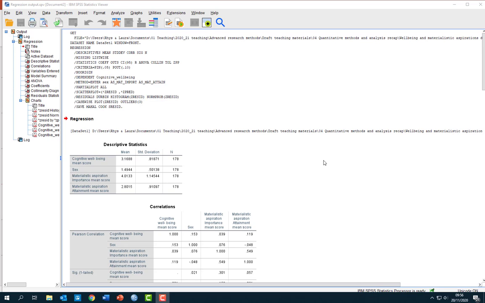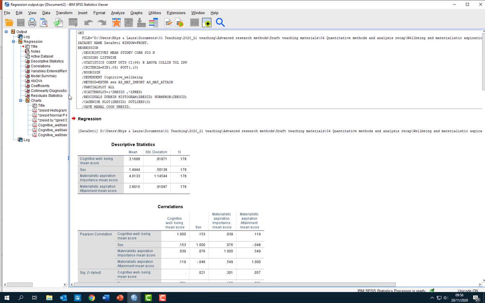So the first thing that we should do is really look at the mean scores of each of the variables. Now in this we've taken quite a traditional approach again, and we haven't transformed our continuous variables in any way.